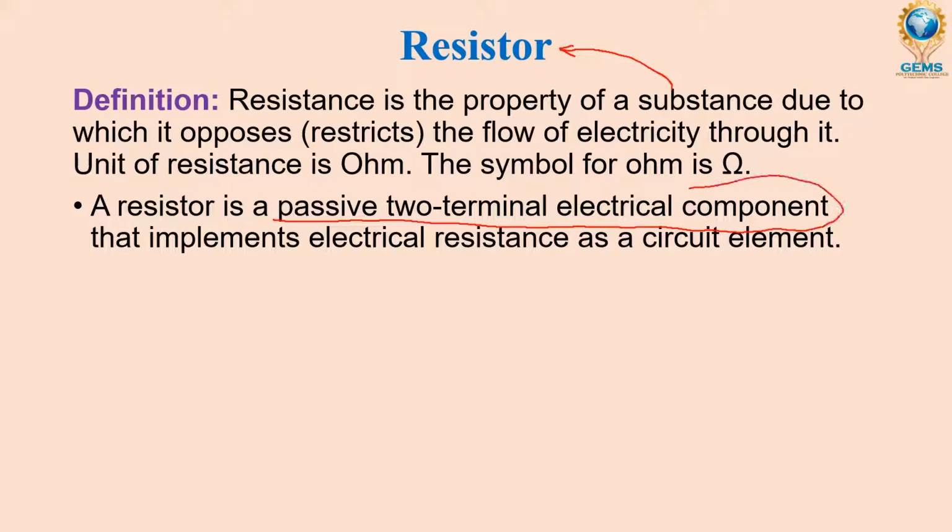Resistor is a passive element. Passive means, we have two types of elements in an electrical circuit. One is active, the second one is passive. Passive means it will not generate any electricity.